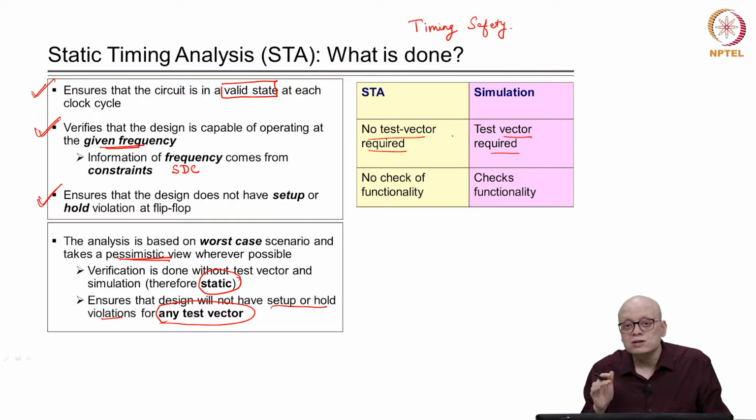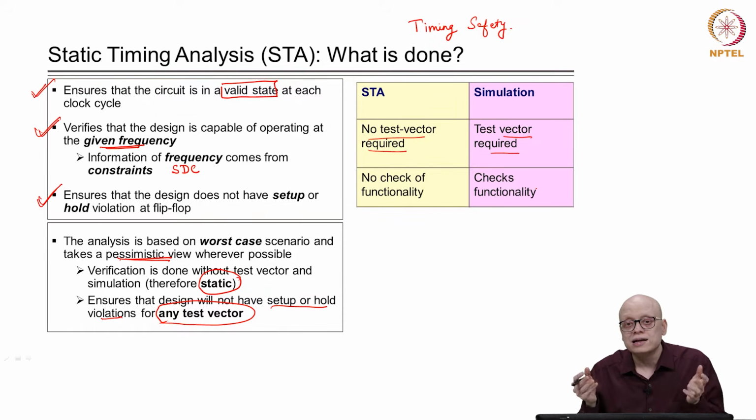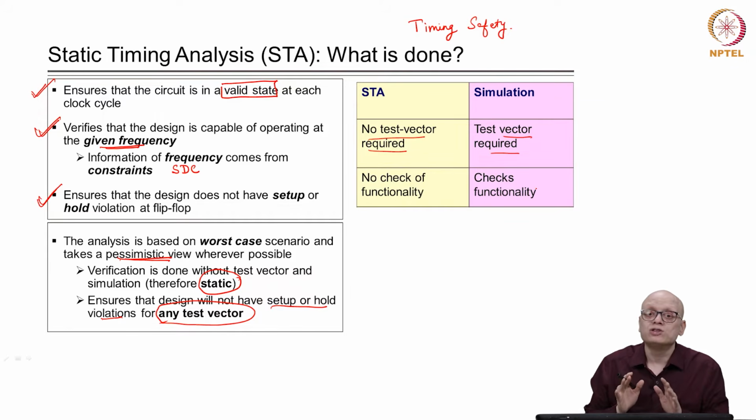It only considers the timing arcs, and based on that it does the timing analysis of our circuit. While the purpose of simulation is to check the functionality, meaning that if I give a sequence of zeros and ones at the input, whether we are getting the right sequence of zeros and ones from the circuit or not, that is the purpose of simulation.